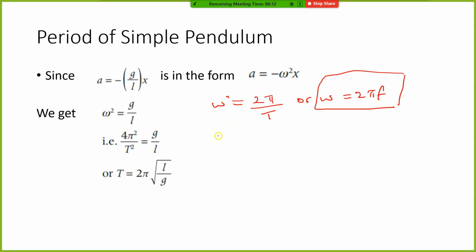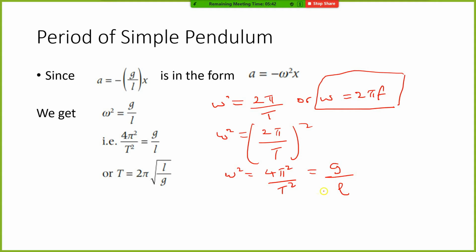So I'm going to substitute that in this equation. Omega squared would basically be 2 pi divided by T, and in brackets this is going to be squared. So at the end of the day, omega squared is equal to 4 pi squared divided by T squared. For that reason, we're now equating this to g divided by L. Now, mind you, I want T as the subject, so I just need to do some transposition.